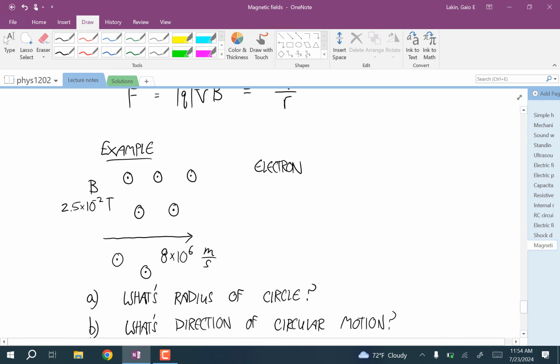Okay, so for an electron that's moving to the right like this, if the force vector is up, and that provides the centripetal acceleration, then the circle has to be above this vector because the center of the circle is above it.